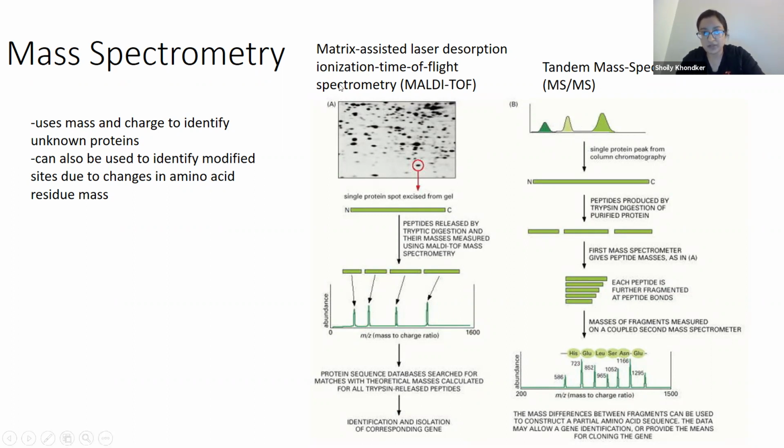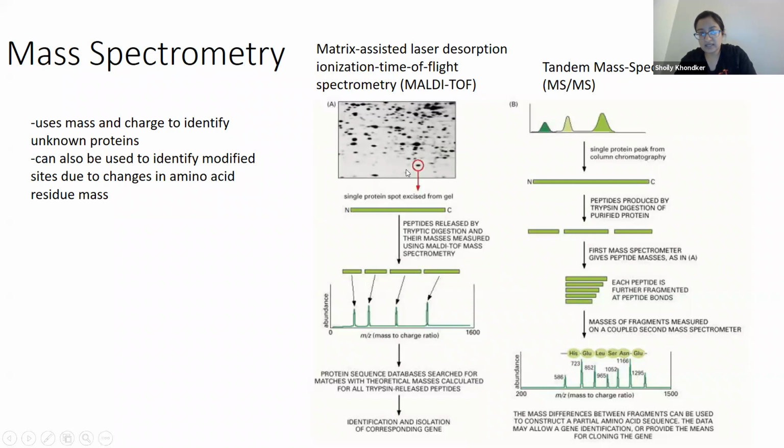The example shown here is two-dimensional electrophoresis, where the proteins are separated first by size and then by isoelectric point, essentially by electrical charge, and a single protein spot is removed from the gel. This is also sometimes done in one-dimensional electrophoresis as well, where they're just separated by size.